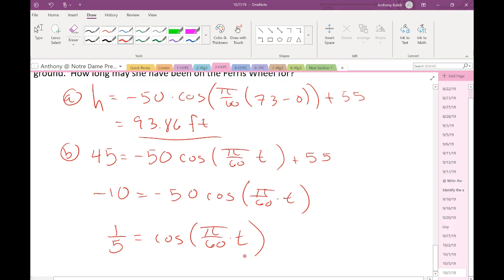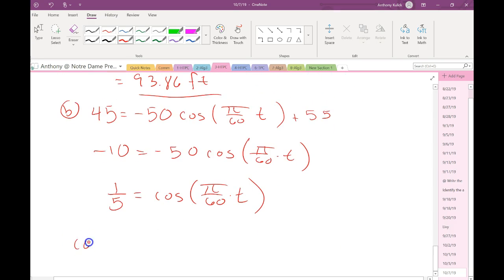And then how am I going to get rid of the cosine there? What cancels out a cosine? Not secant. Cosine inverse.